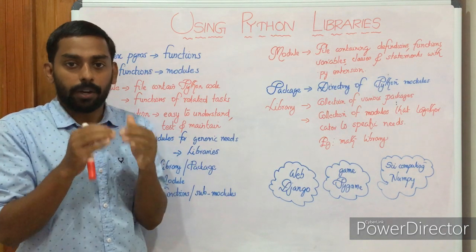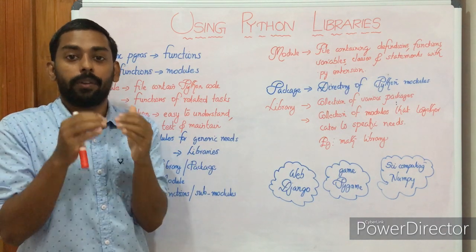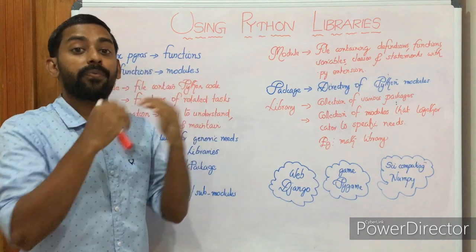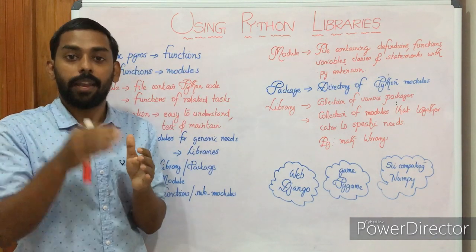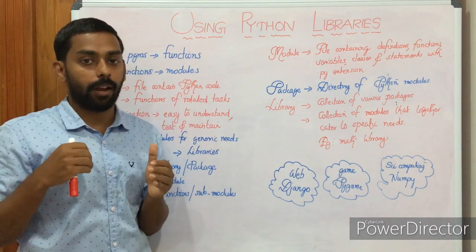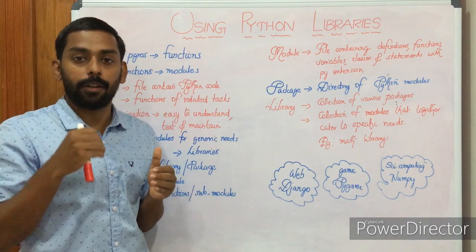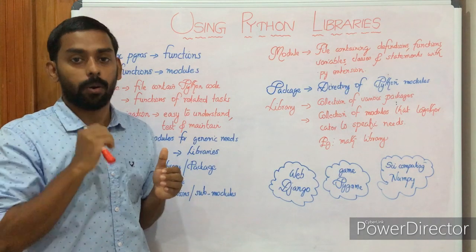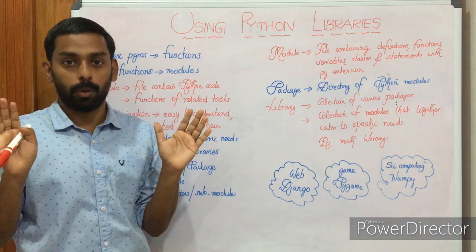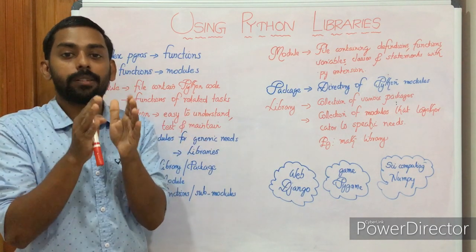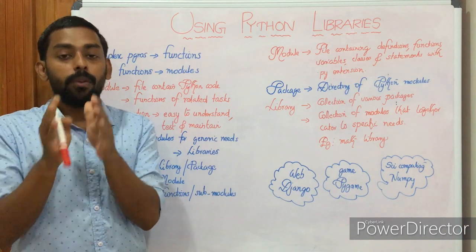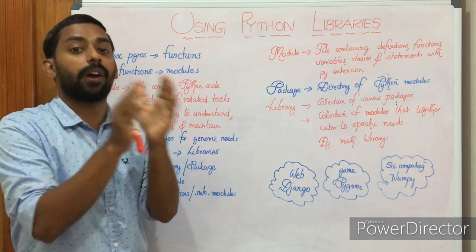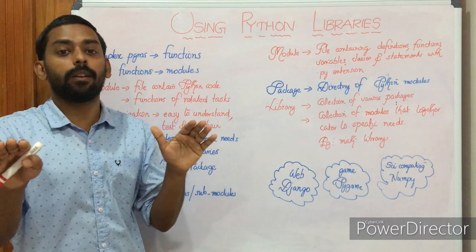In the chapter on functions, we have the topics related to functions. We don't have any topic related to data file handling. We don't have any topic related to data structures. We have topics related to functions only. So that is what a module is. When we consider our first chapter, functions, as a module, we will have the topics related to functions only. We will not have any other topics.